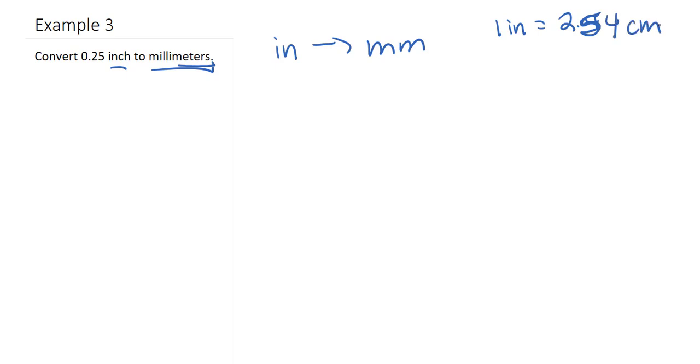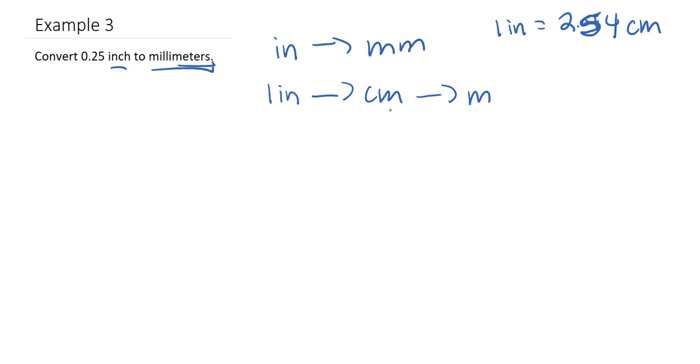So let's think about this. If we have 1 inch and 2.54 centimeters, that means we're getting really close to millimeters. So we know 1 inch is equal to 2.54 centimeters. So we can go from inches to centimeters, and then from centimeters to millimeters.